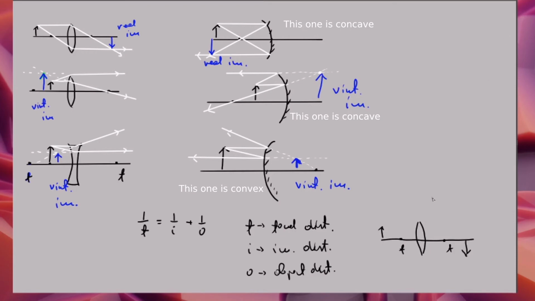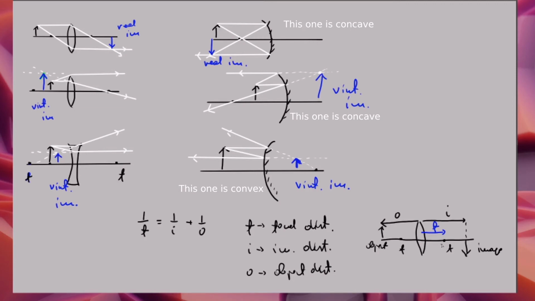So this is O, object distance, where this is the object. This is the I, the image distance. This is the image. And then F is just the focal length.